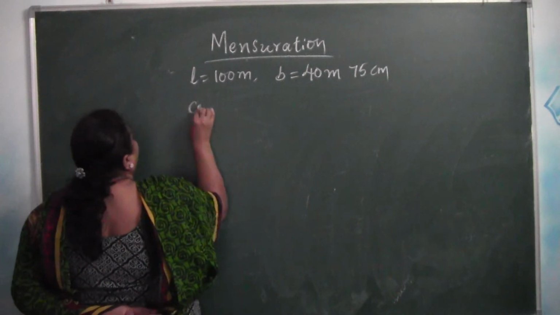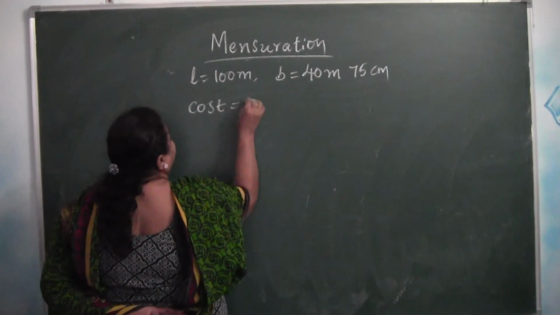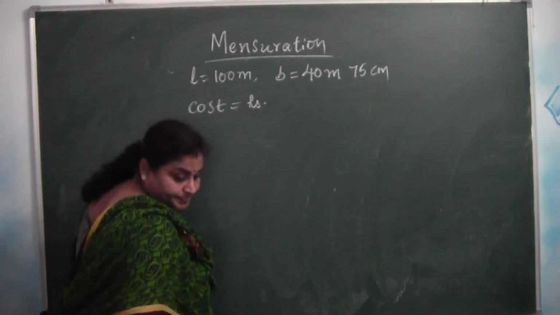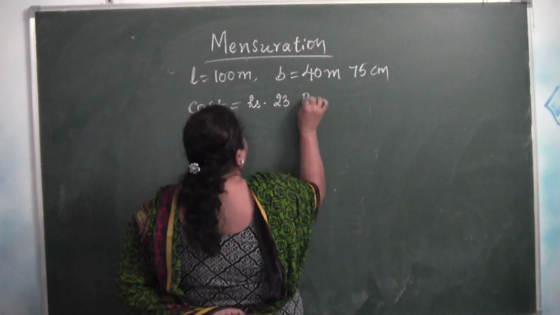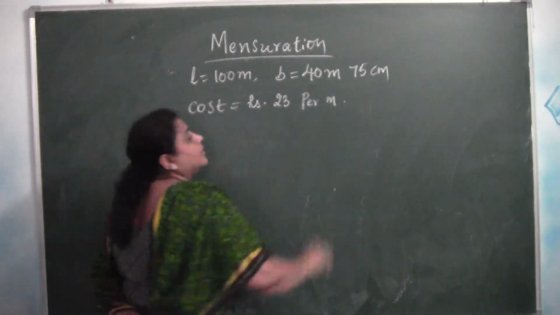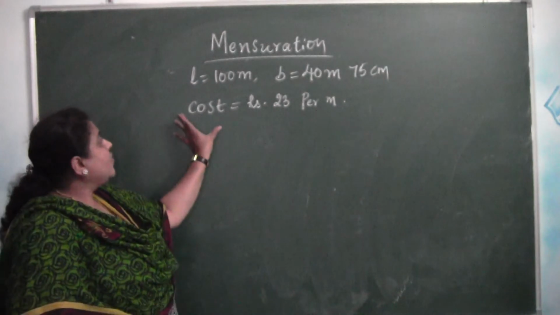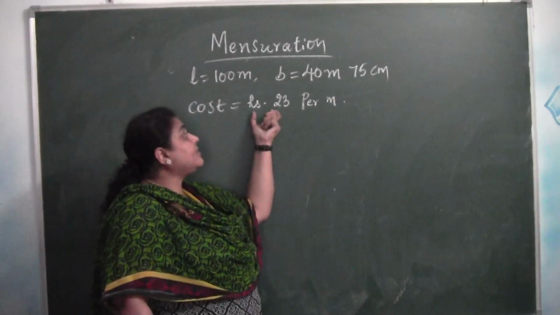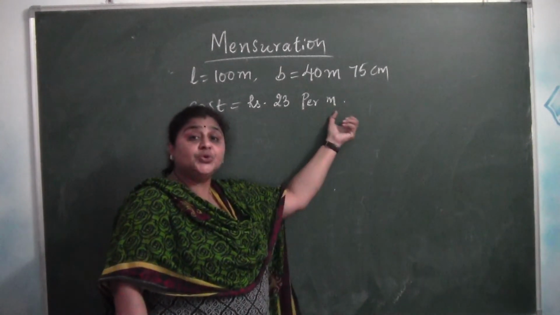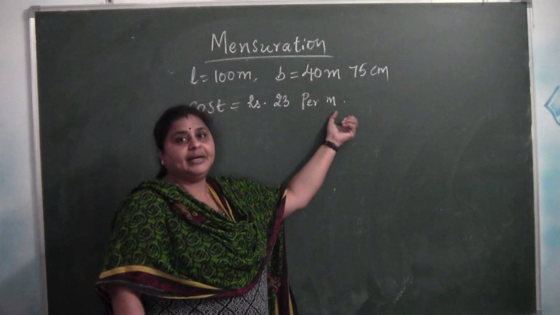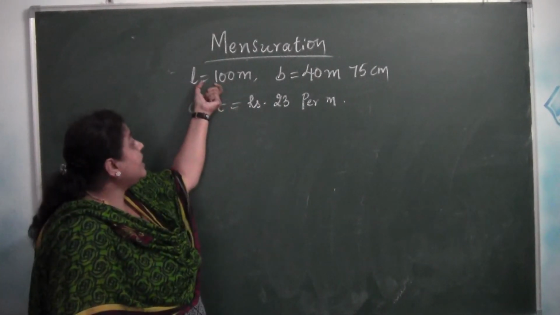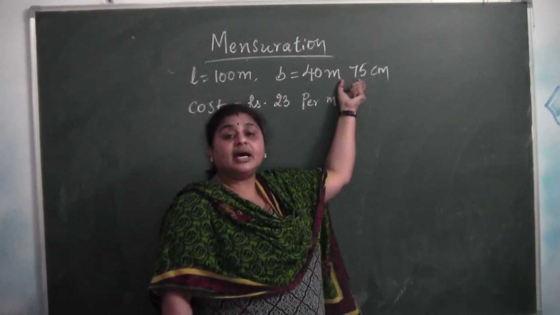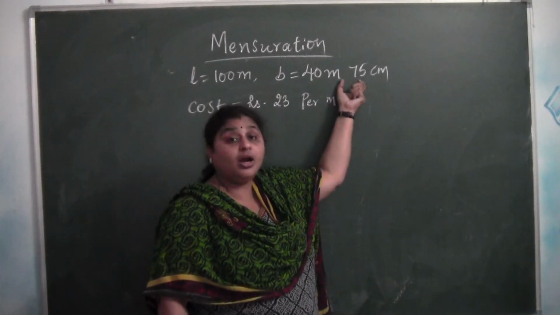They gave cost also as 23 rupees per meter. So when the cost is given as 23 rupees per meter, what is the unit in this cost, children? Meter.